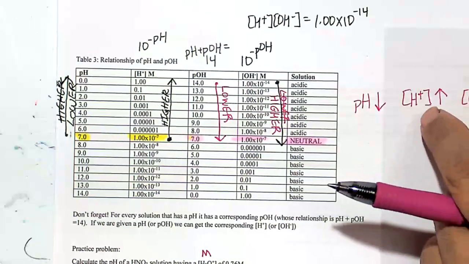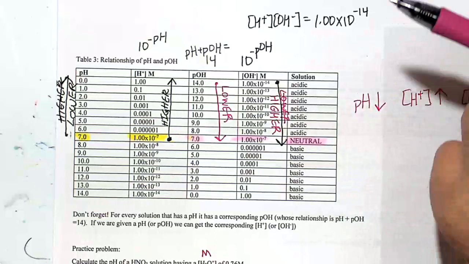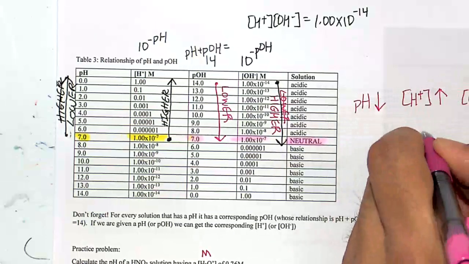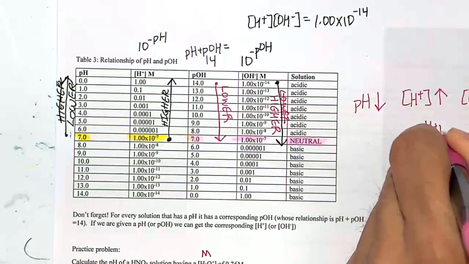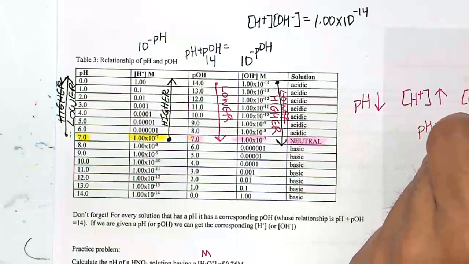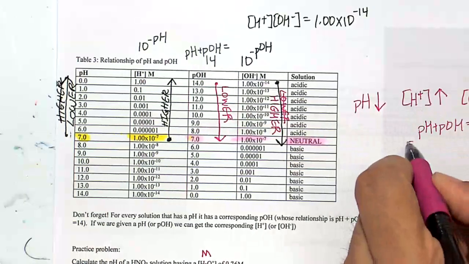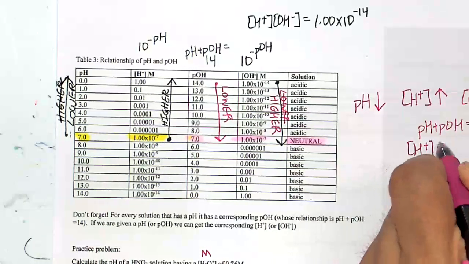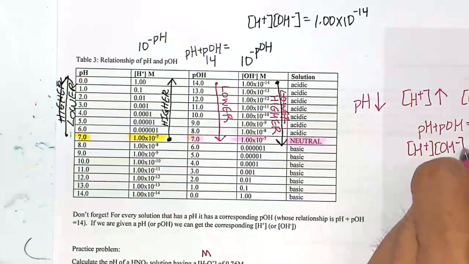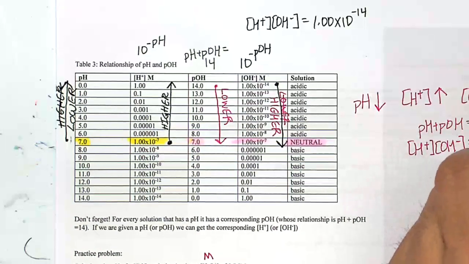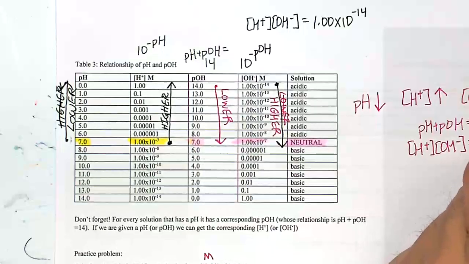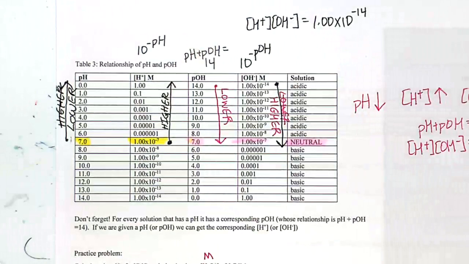Now the reason why as the acid gets higher, the base gets lower, is because number one, pH plus pOH is equal to 14, and number two, the product of these two is equal to KW, which is 1 times 10 to the minus 14. Okay. So this is what I want you to know.